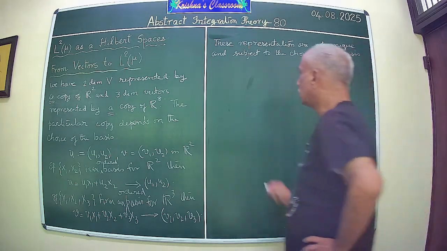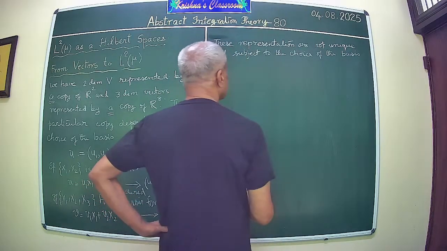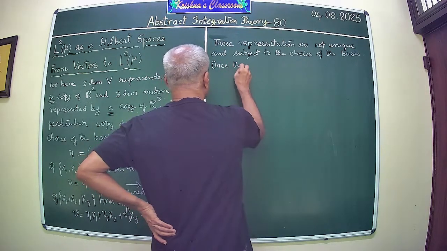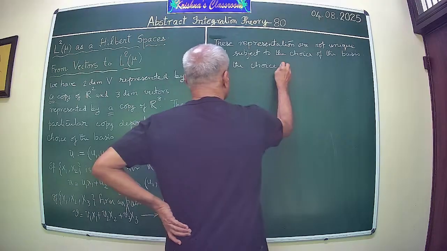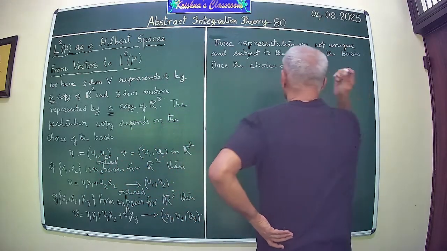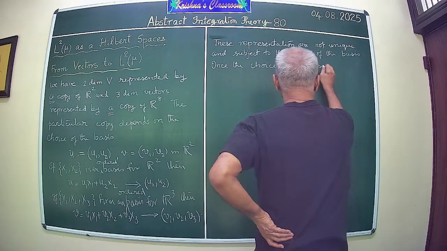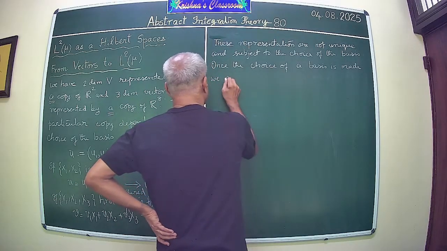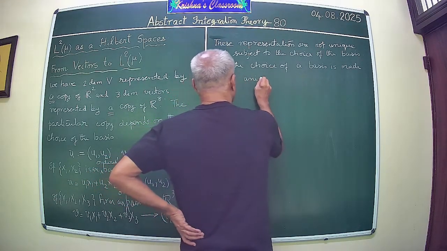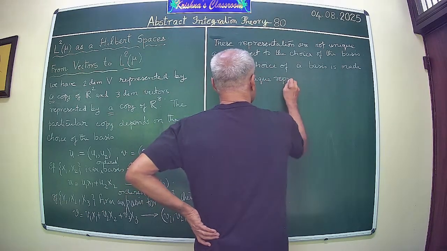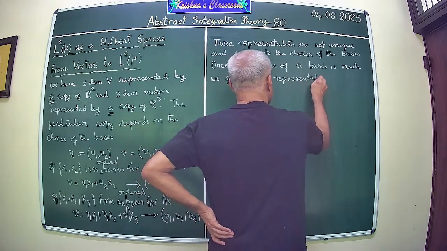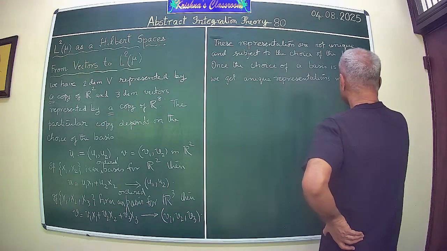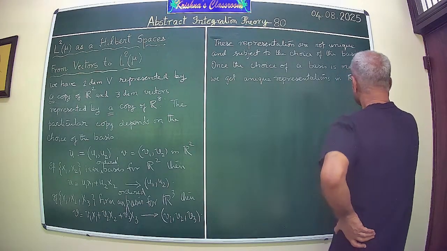So, corresponding to each choice of the basis, once the choice is made, you get a unique representation in R.